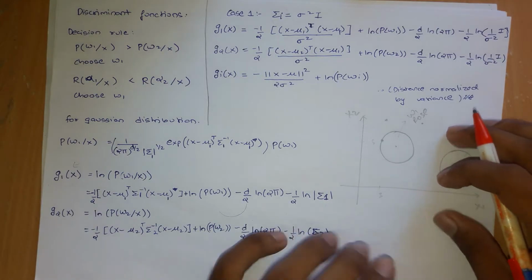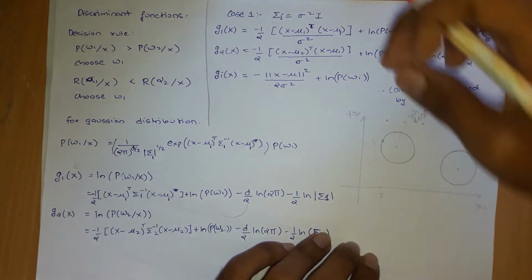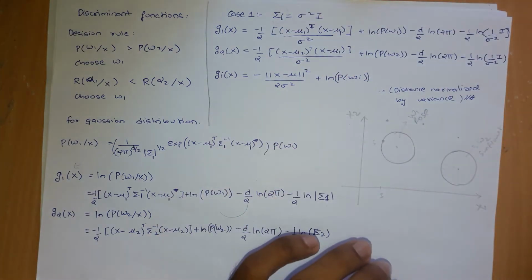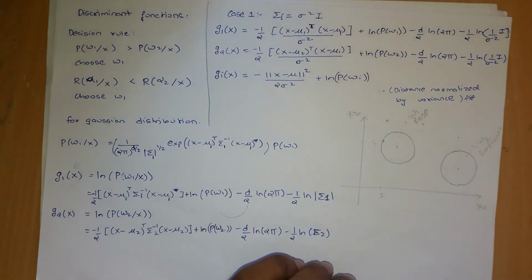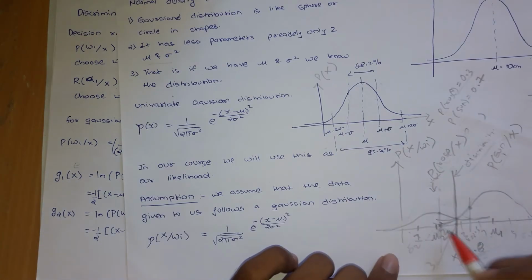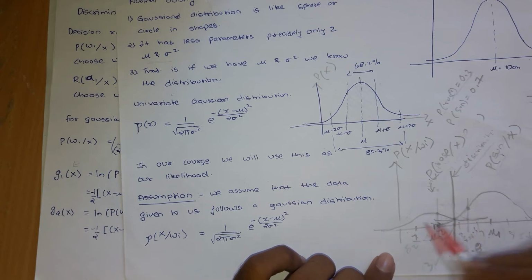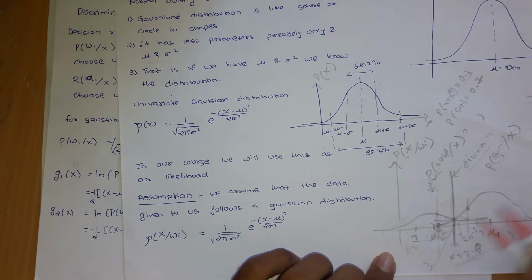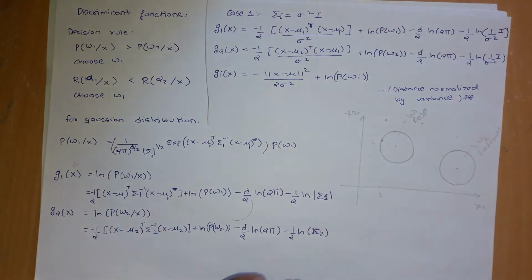So please look at my video of the k-means algorithm. There we are going to elaborate what this distance actually means. But for now, what we are interested in is that we have to equate both the probabilities, that is g1 and g2, to find this point. So when I equate g1 is equal to g2, I get this point, and that is what I am interested in.